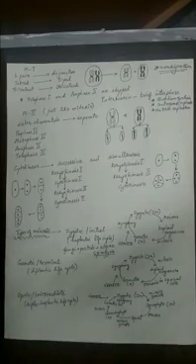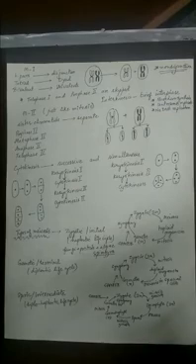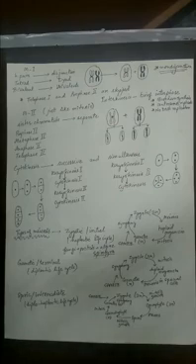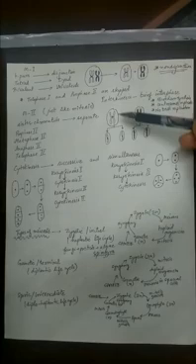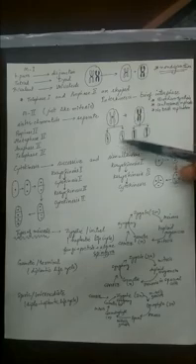The second difference is that the number of chromosomes is reduced to half in meiosis first. That means the diploid content will change into haploid content. But in meiosis second, the number of chromosomes remains as such. That means haploid will remain haploid. So it turns from diploid to haploid, and remains haploid to haploid.